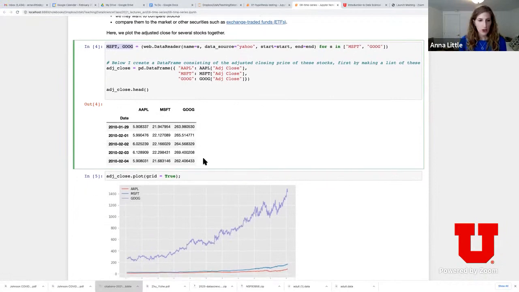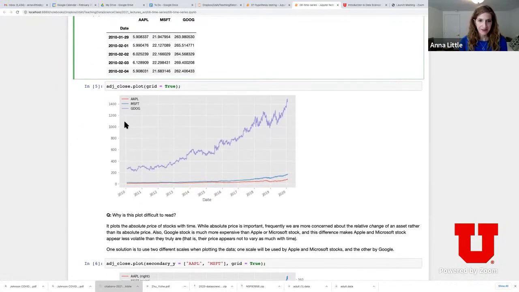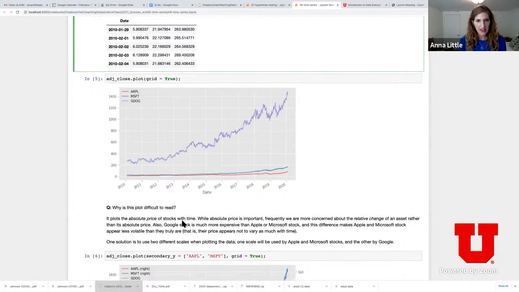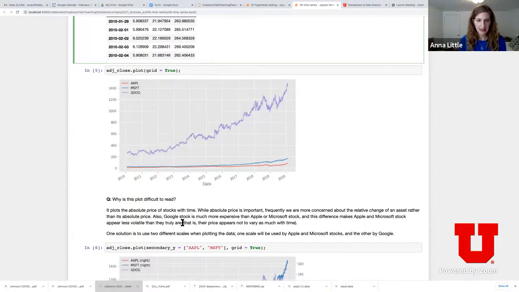If we want to plot this, we can just use the built-in .plot function, which is easy. We'll talk a little bit though about how this might not be the best way to visualize it. But we can see Google and Microsoft and Apple.